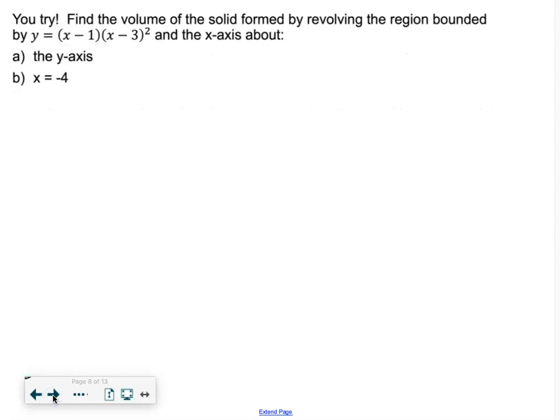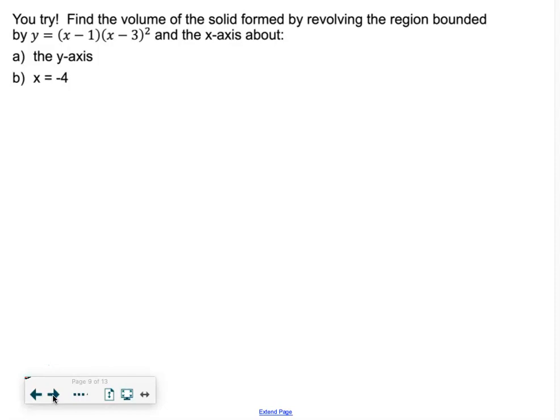Okay. So, these were on whiteboards in first period, but I'm going to do a different whiteboard problem with you guys instead. So I want this one to be on paper. So what I want you to do is take a few minutes and see if you can just do the setups to find the volume of the solid formed by revolving the region.